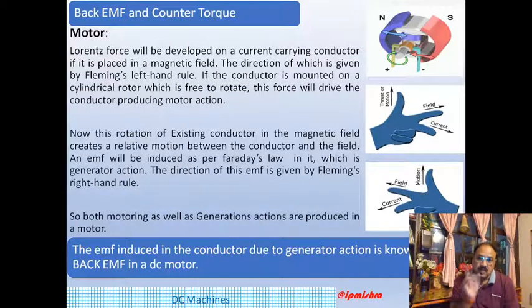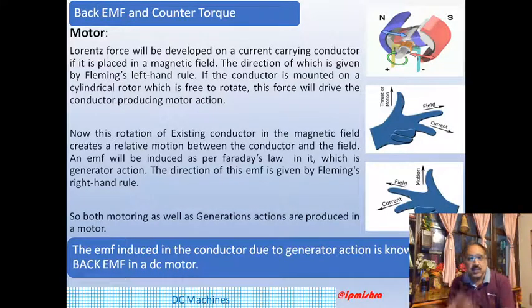But as we have discussed, due to rotation, there is a relative motion between current carrying conductor and magnetic field. So EMF is induced. This induced EMF in a motor will be termed as back EMF. Remember this term. In a motor, EMF is induced, that is back EMF.